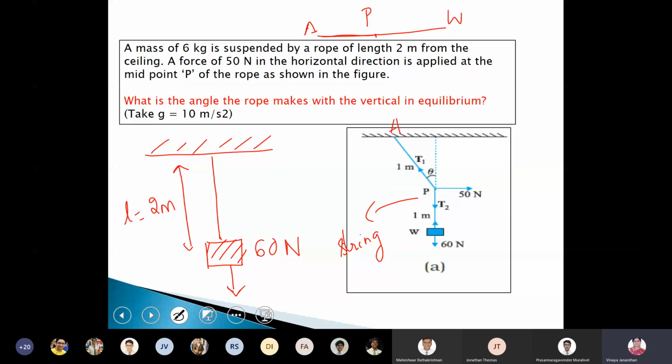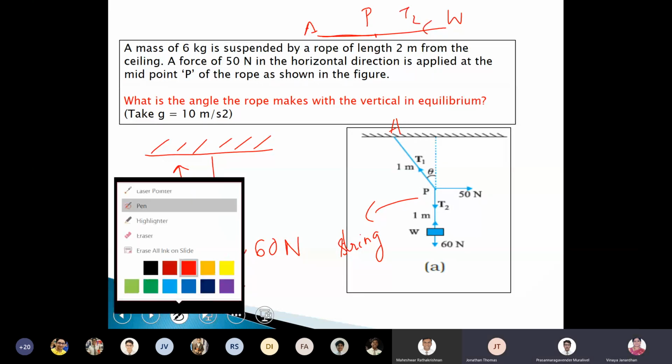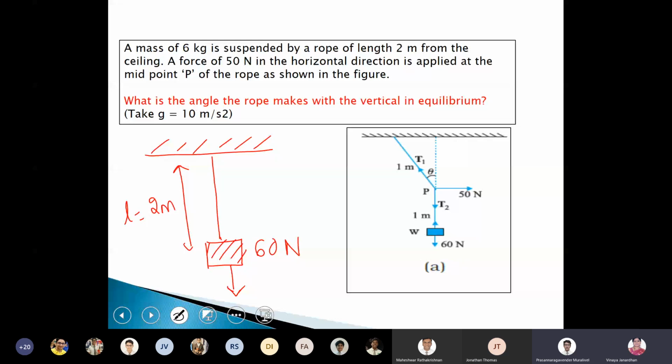From point P to point W, where you suspend the weight, the tension is T2. Draw the diagram, boys. Now we have to solve to find the value of theta.